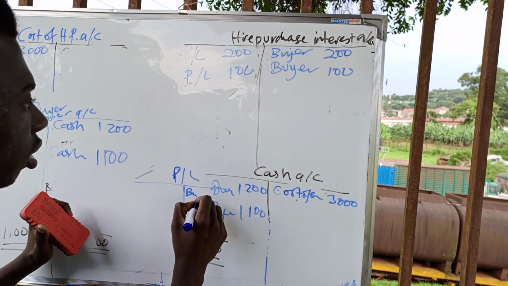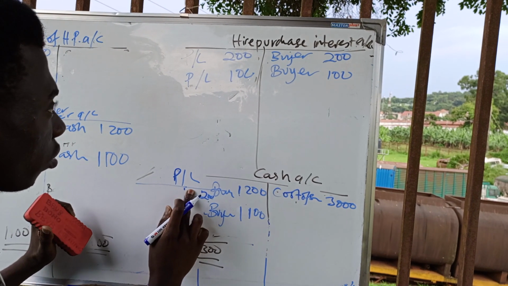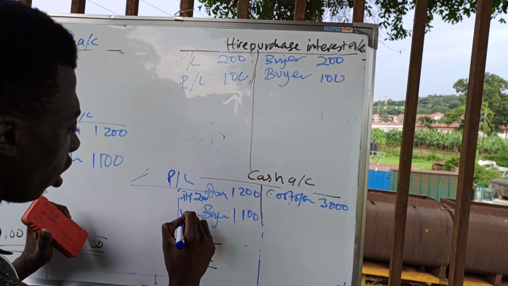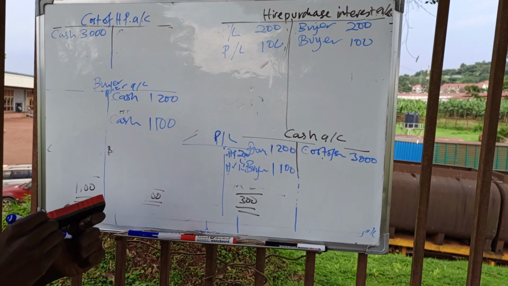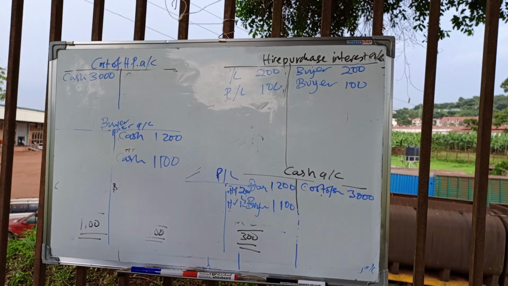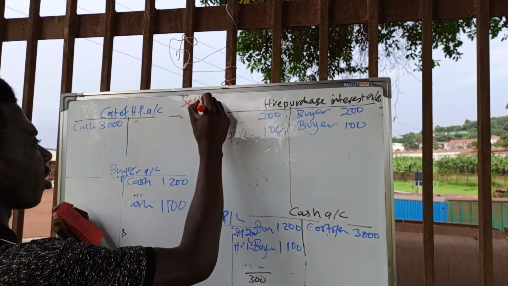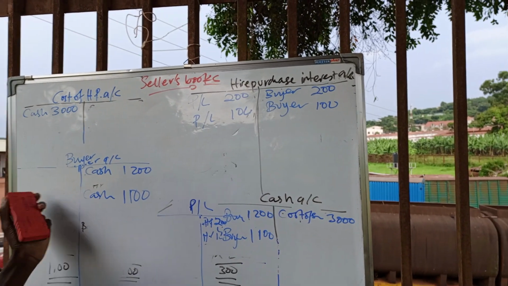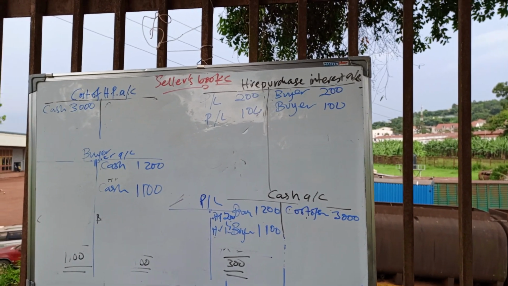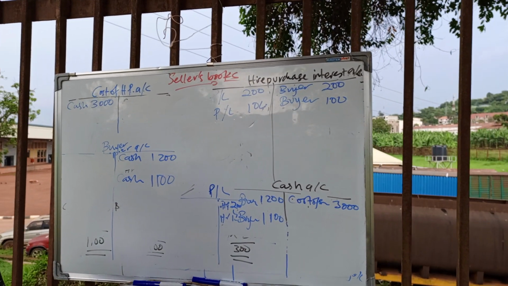Buyer, which is 200. In fact, hire purchase interest, 100. So you just simply do the opposite. As long as you know the accounting entries in the books of the buyer, you just reverse the entries. So basically, that's what we shall see happening in the seller's books. We shall just be reversing the double entries.